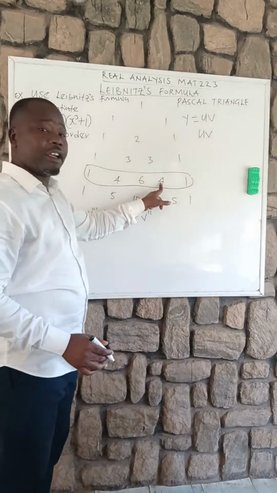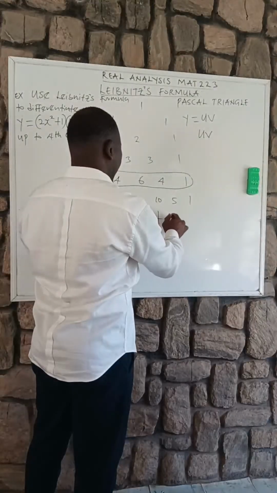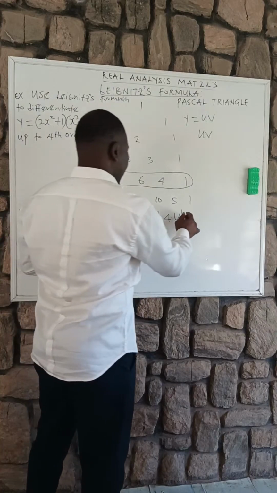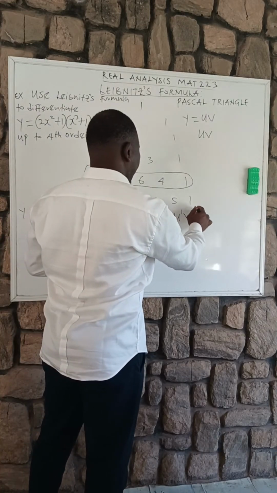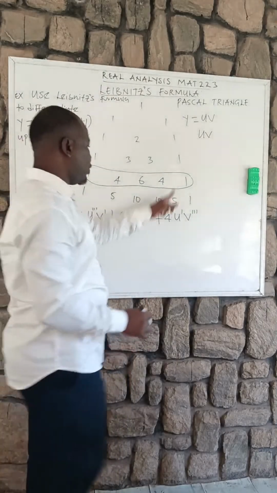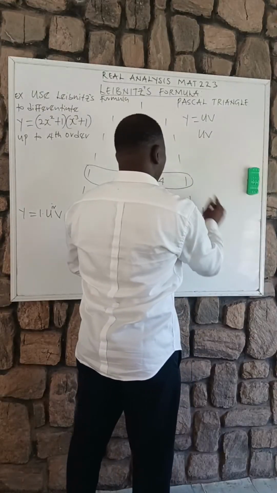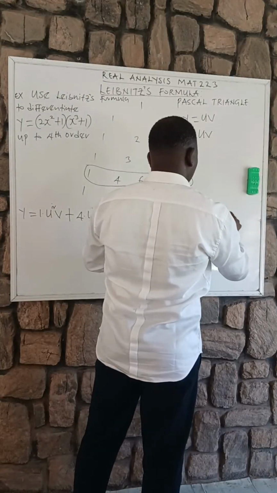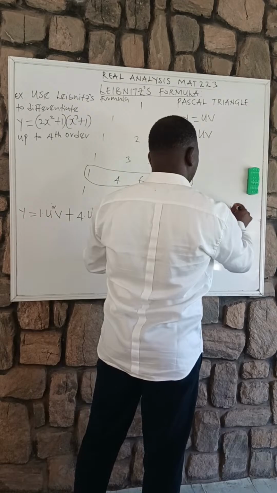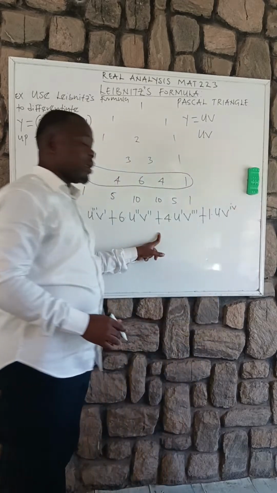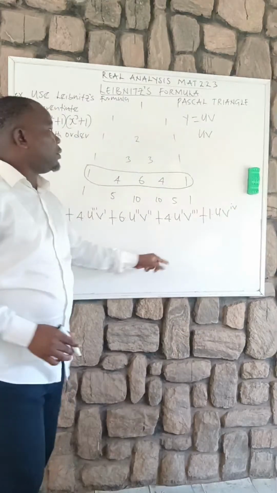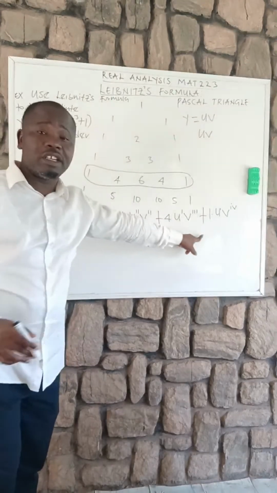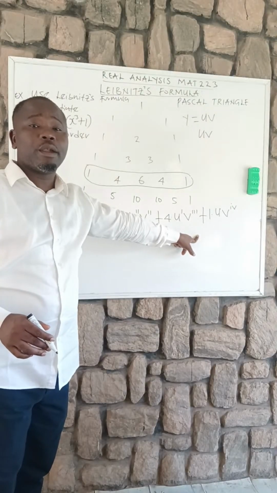Then we have 4 times U prime, then V triple prime. Then plus 1 times the same thing applicable, U V fourth derivative. This is the Leibniz formula we are talking about. Is that clear? Do you understand?